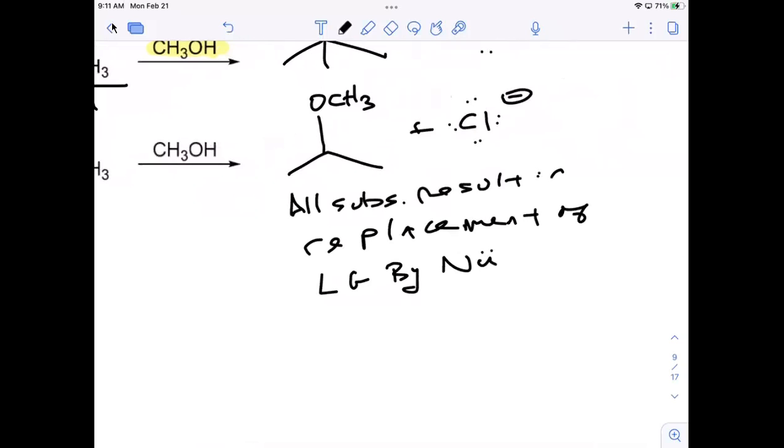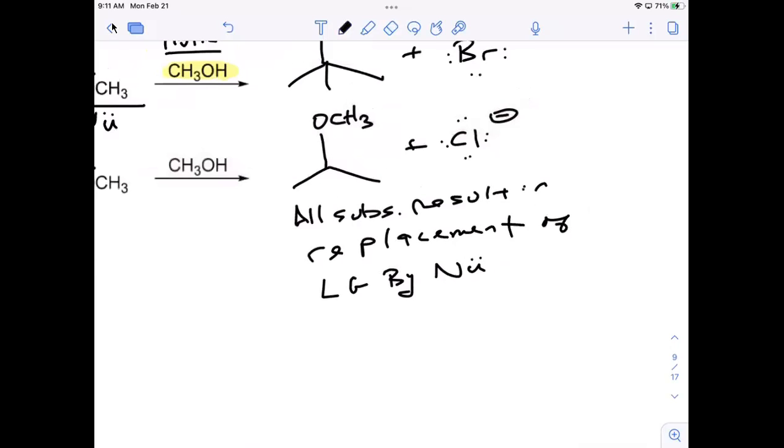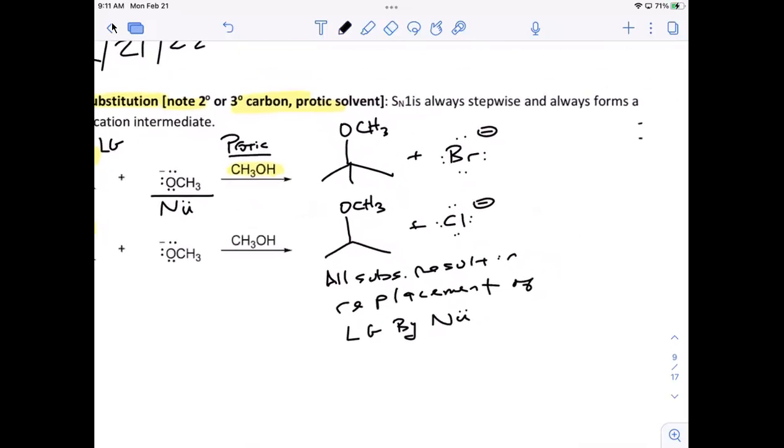Any substitution is going to have the same outcome. You're going to replace your leaving group with your incoming nucleophile. Any questions about that part?